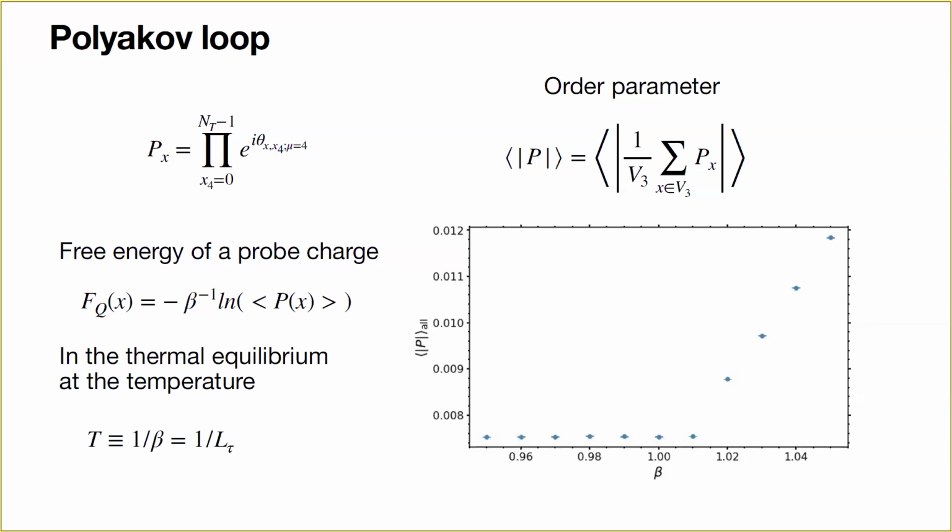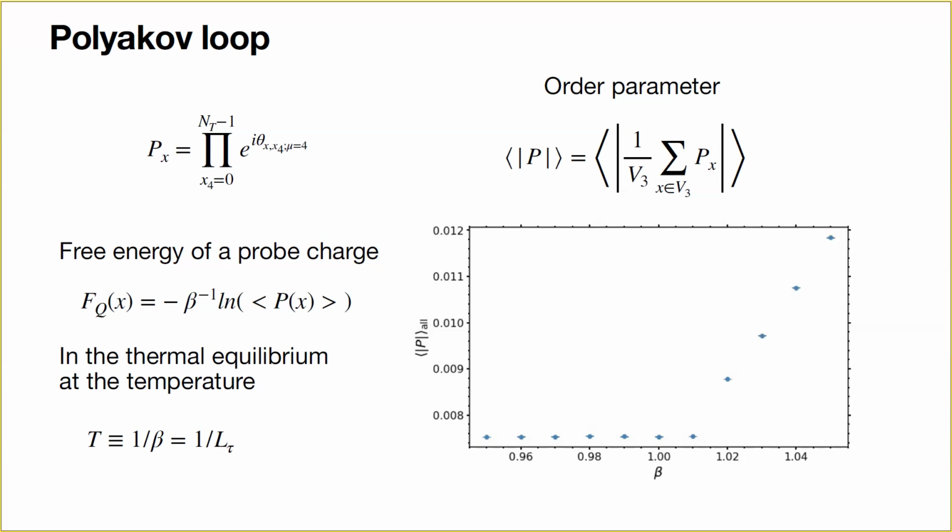One of the important observables on the lattice is the Polyakov loop. The Polyakov loop is a product of the time-oriented links with periodic conditions, so it makes a loop which is connected with the free energy of a probe charge.